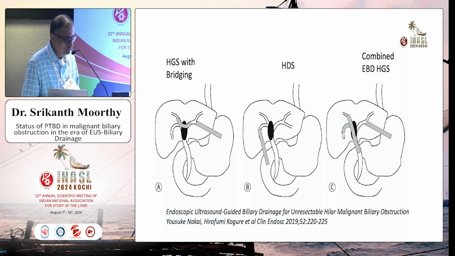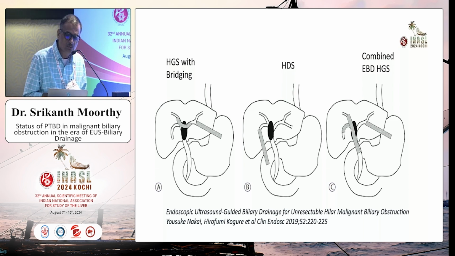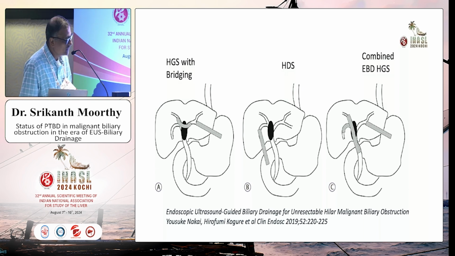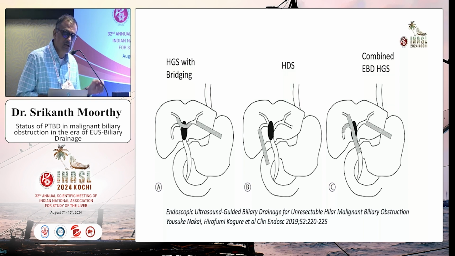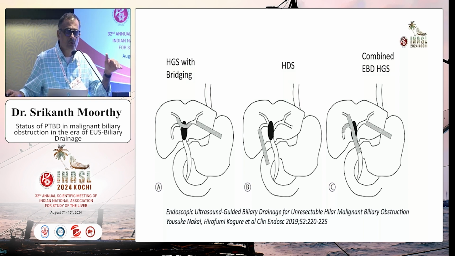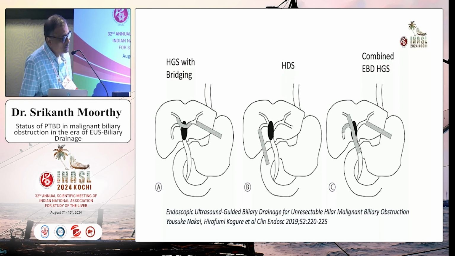But the one advantage that EUS has vis-a-vis both ERCP and PTPD is that in both ERCP and PTPD, one has to cross the stricture to give the patient internal drainage. Here, that is not required. You don't have to cross the stricture.